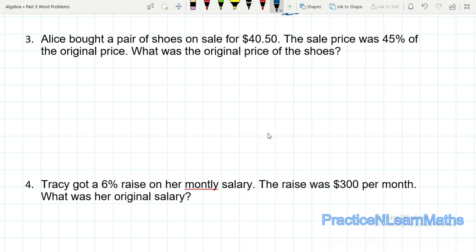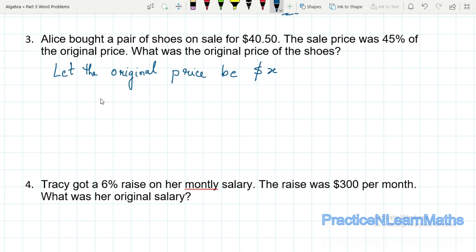Alice bought a pair of shoes on sale for $40.50. The sale price was 45% of the original price. What was the original price of the shoes? So, let the original price be x dollars.